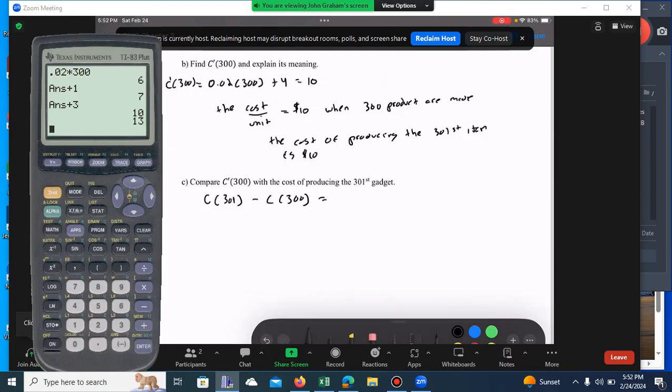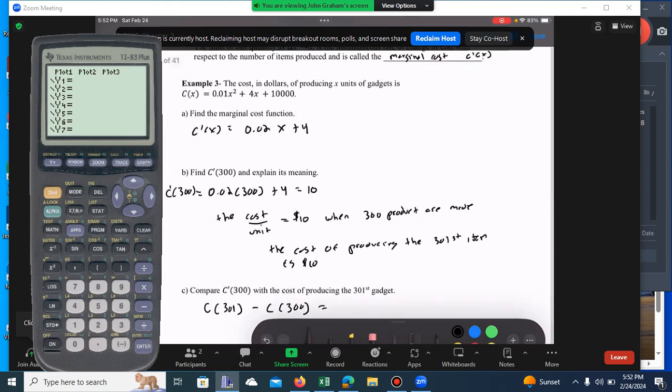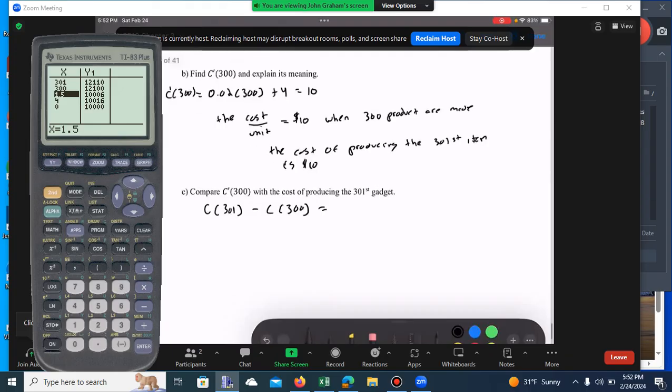So let's put in our cost function, 0.01x squared plus 4x plus 10,000, and we'll find C of 301 and C of 300. We have 12,110 minus 12,100 equals 10.